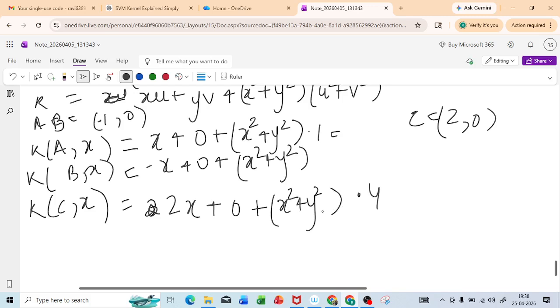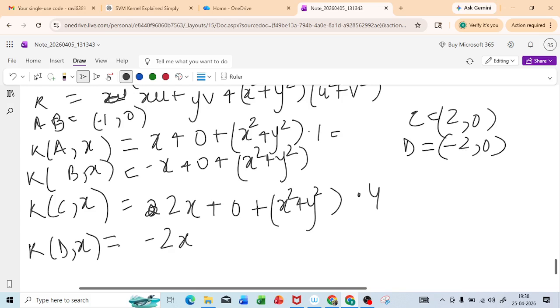Then we have k of d of x. d is minus 2 comma 0. So x into minus 2 is minus 2x, plus y into v is again 0, plus x square plus y square into, u square is 4, minus 2 square plus v square is 4.